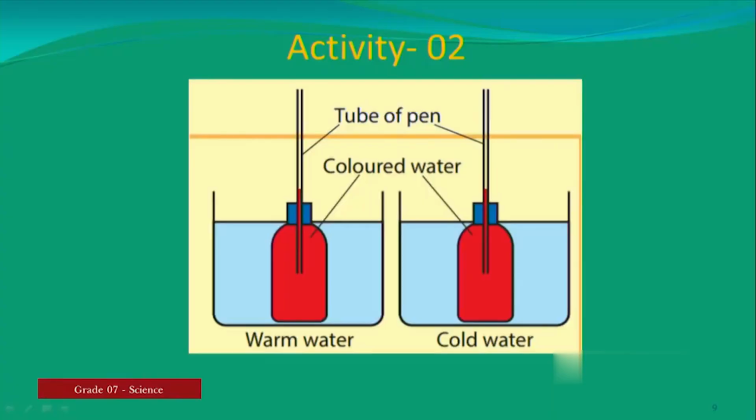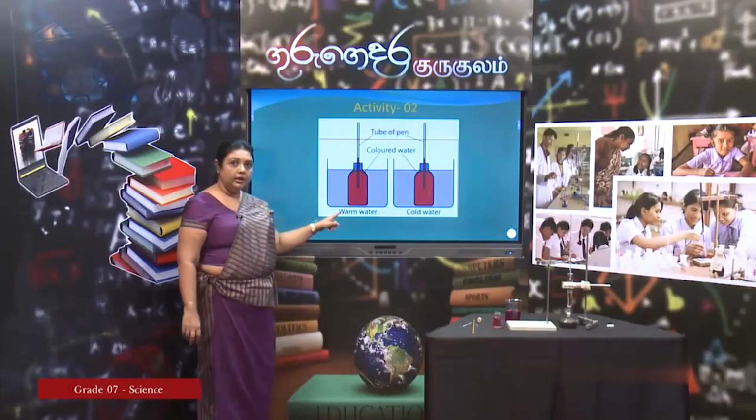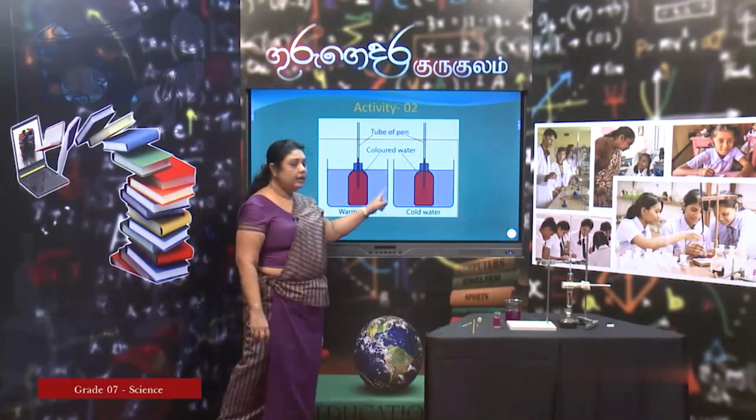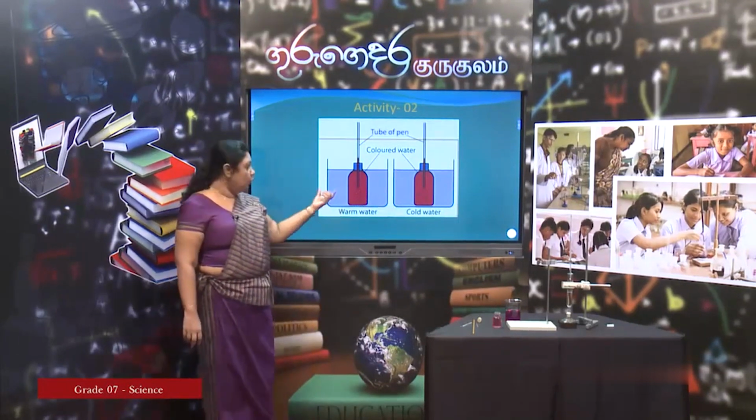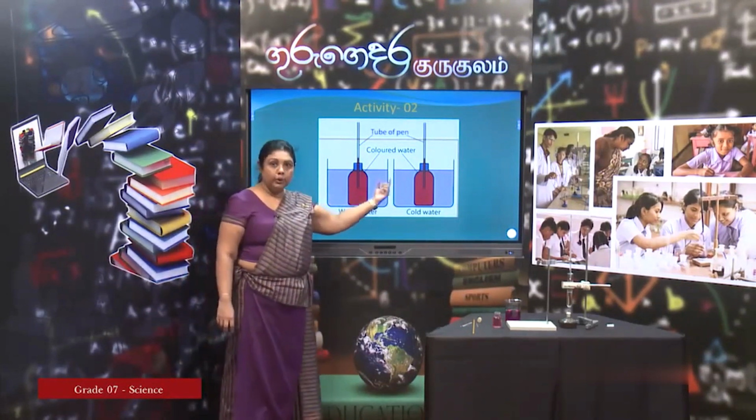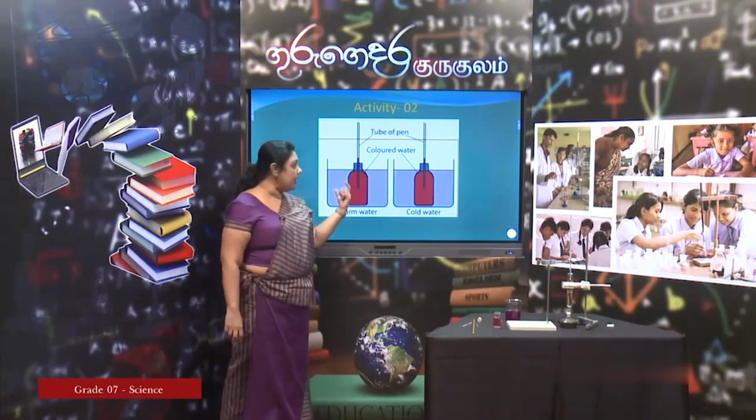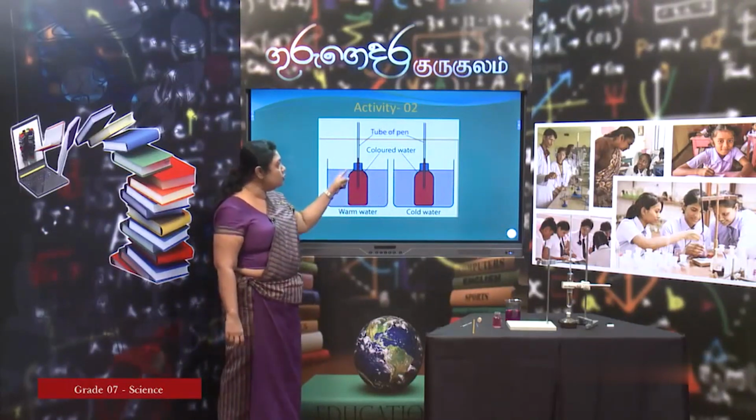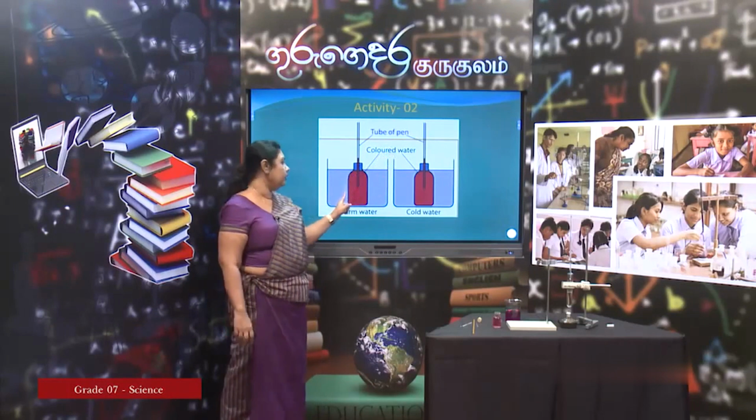activity 2 is based on finding how different temperatures change volume. Now, we will see how the setup is made. Warm water you need, cold water you need, then you need 2 bottles. If you can take 2 glass bottles as well as 2 tubes this way and ink.